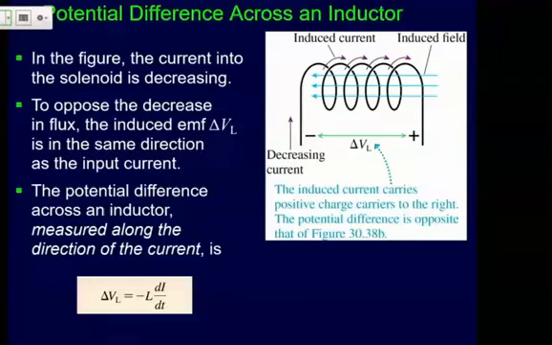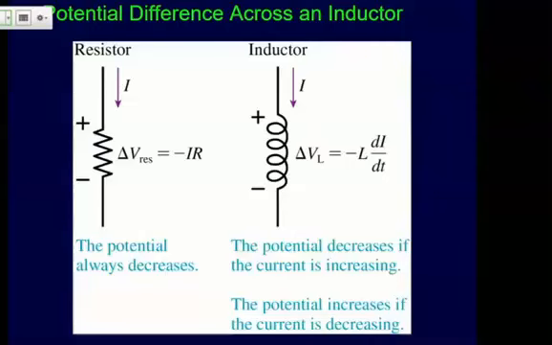The negative signs would cancel, and then your voltage would be a positive. With our signage, if I come in at negative and come out at positive, I'm increasing my potential, my voltage, so it's a positive thing. And so this is our voltage for the inductor.